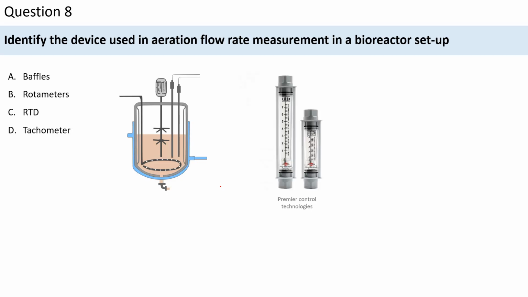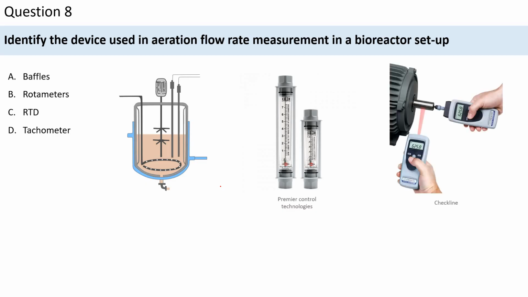Moving on to the rotameter. The rotameter is used for maintaining the flow rate of air only.